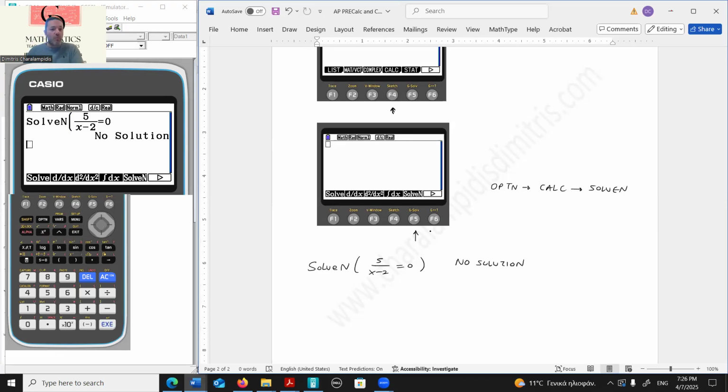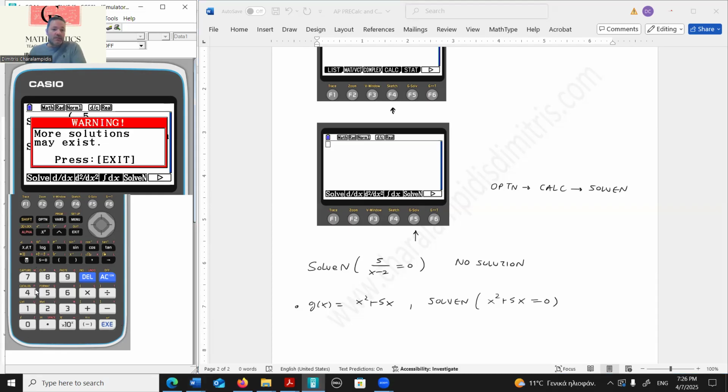Let's work now more such exercises. Let's assume that we need to find the zeros of g of x equals x squared plus 5x. Again, we will go and use the solve button, and inside the solve, this time we should put x squared plus 5x equals 0.